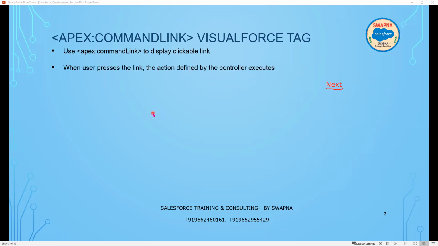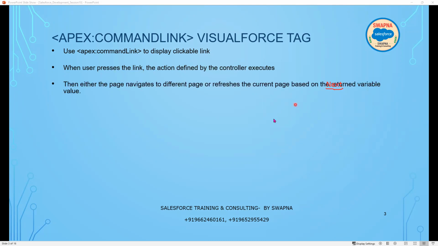When the user clicks on this link, the action defined by the controller executes. Whatever the action defined behind this clickable link, that gets executed. Either it will navigate to a different page or it will refresh the current page.